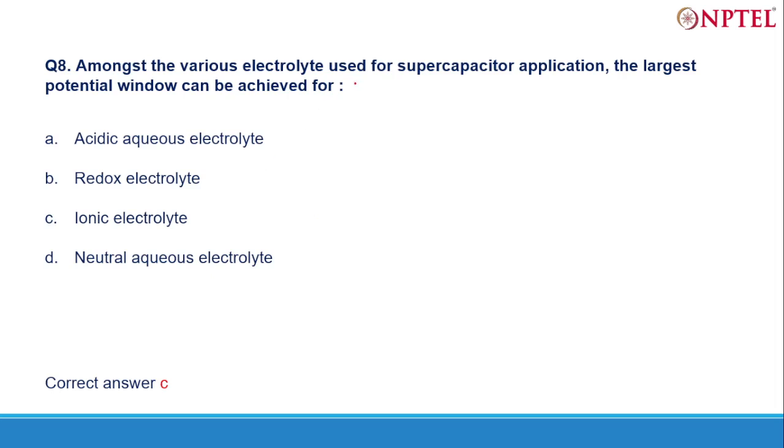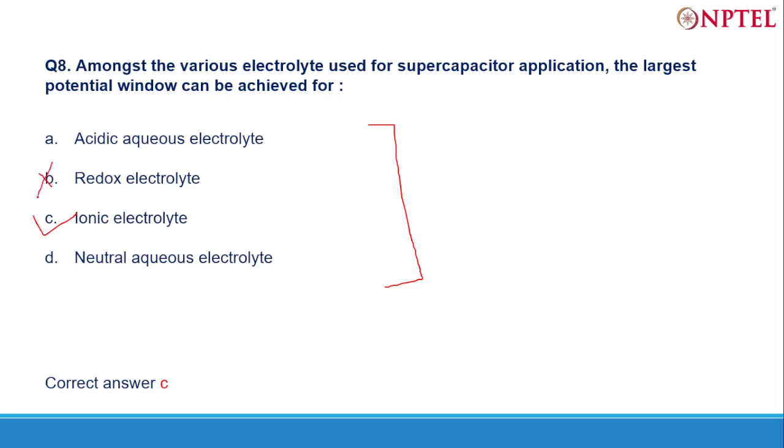Among the various electrolytes used for supercapacitor application, the largest potential window can be achieved for which one? This is also a simple question. You just have to know the answer. The correct answer is ionic electrolyte. Generally ionic electrolytes are used for the largest potential window. The redox electrolyte I haven't heard of.